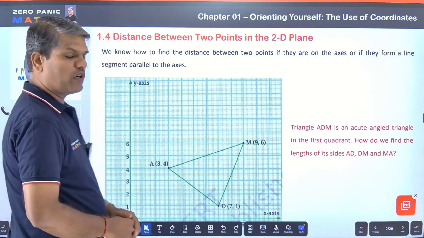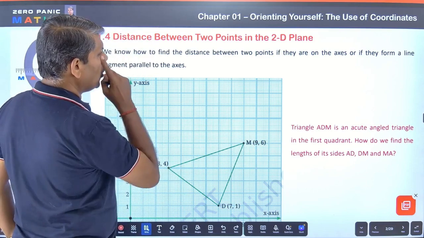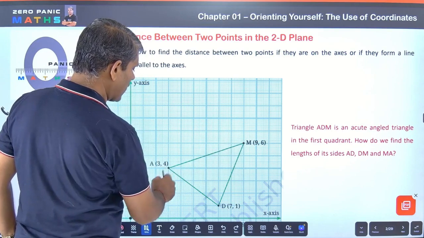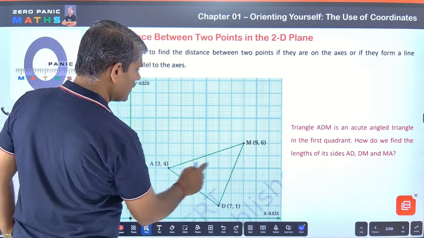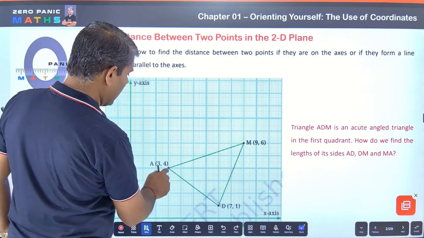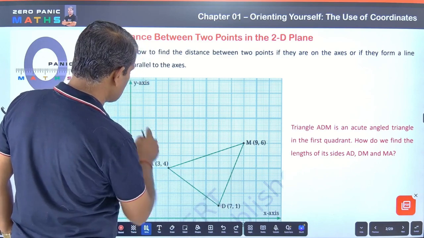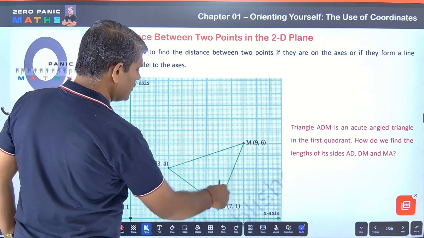But as given in this case, those lines are not parallel to the x-axis. You can see here there is a triangle AMD, and the coordinate points A and D are not parallel to either the x-axis or the y-axis.